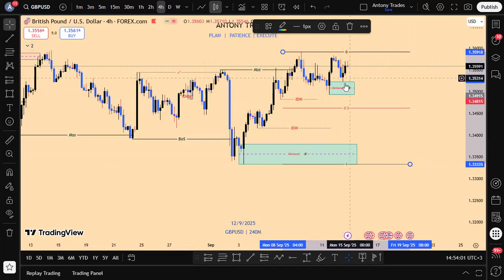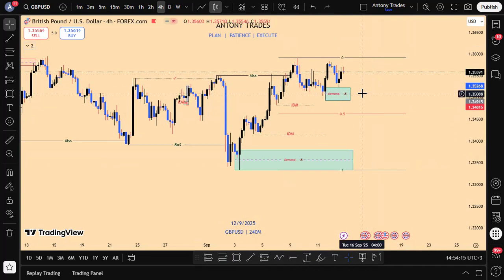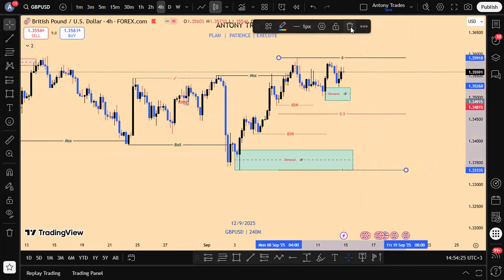So trying to buy from here does not make any sense. This is where we should be looking for a buy setup, but here does not make any sense. So I would rather take the trade on the Euro USD rather than on the GBP USD. I don't have a clear setup on GU currently.